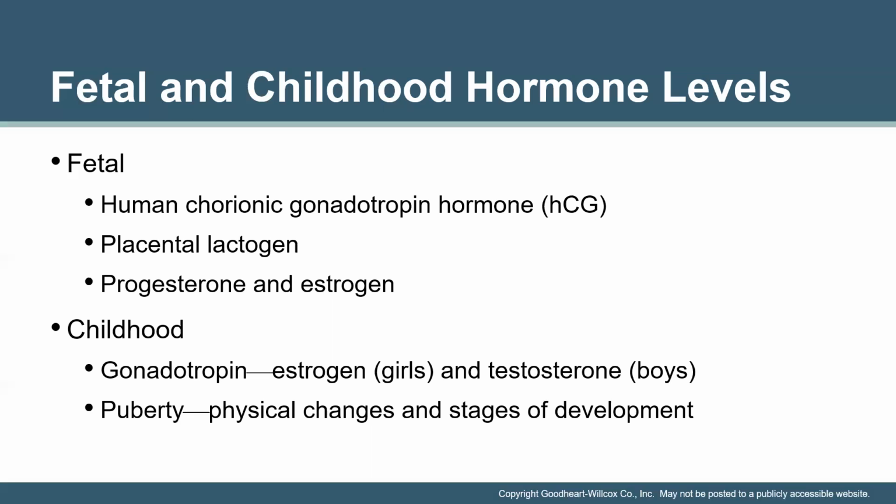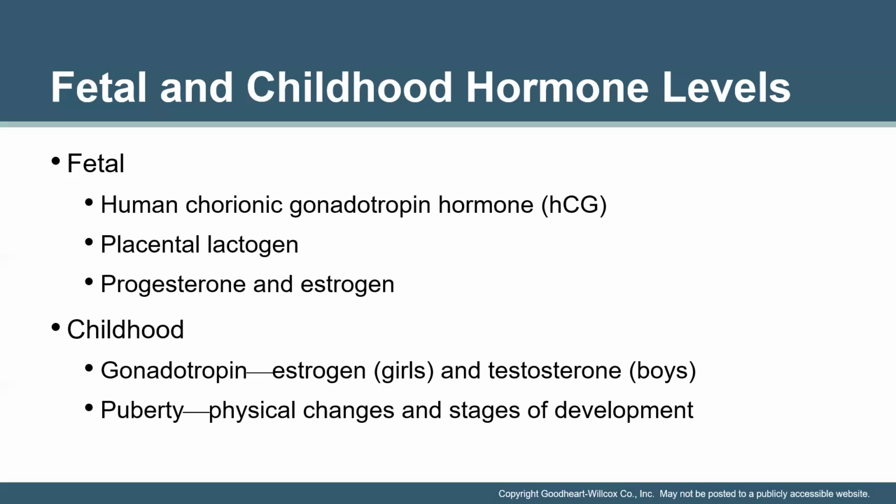It will also rise in the mother's blood and urine, which is why you urinate on a stick or in a cup to take a pregnancy test, or you get a blood draw. Also, the rise in level of this hormone is generally thought to be responsible for nausea during that first trimester.